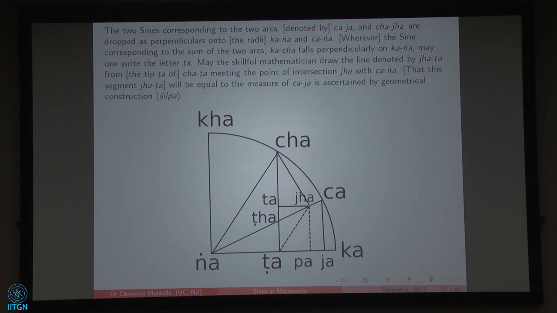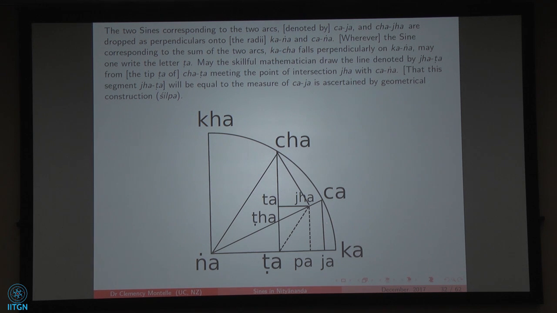So if we imagine one of our sines to be with this arc here, ka, cha, this is the sine here, and our other sine to be cha, cha, which is this perpendicular dropped here on the radius.